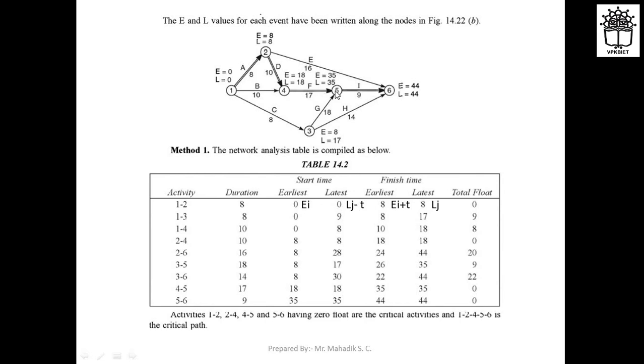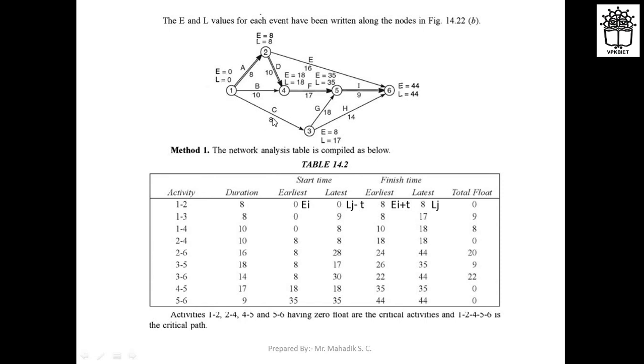4 to 5 also you can check. Ej minus Ei is 35 minus 18, which is 17. Lj minus Li is 35 minus 18, again 17. Same for 5 to 6, you can check. If we check for 1 to 3, Ej minus Ei is 8 minus 0, which is 8, but Lj minus Li is 17 minus 0, which is 17.